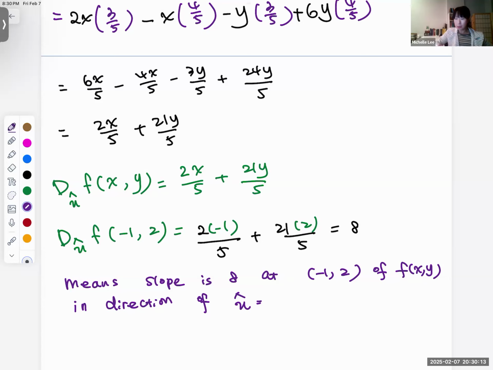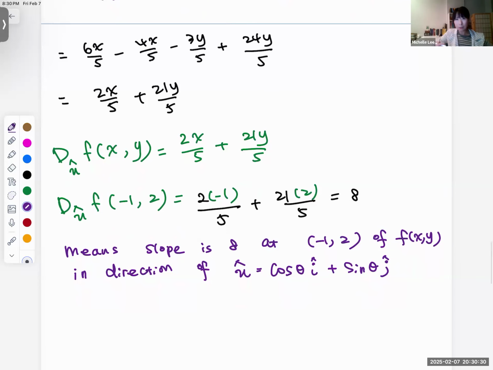So u equals cosine theta i direction plus sine theta j direction. That is a formula we are given, right? In that case, cosine is 3 over 5 and sine is 4 over 5. We just found that earlier, right? So that is 3 over 5 i hat plus 4 over 5 j hat.